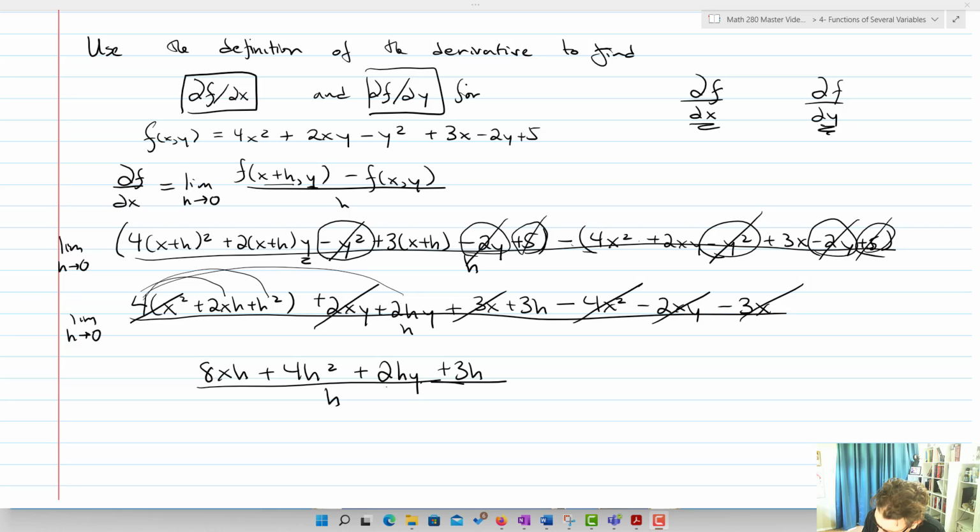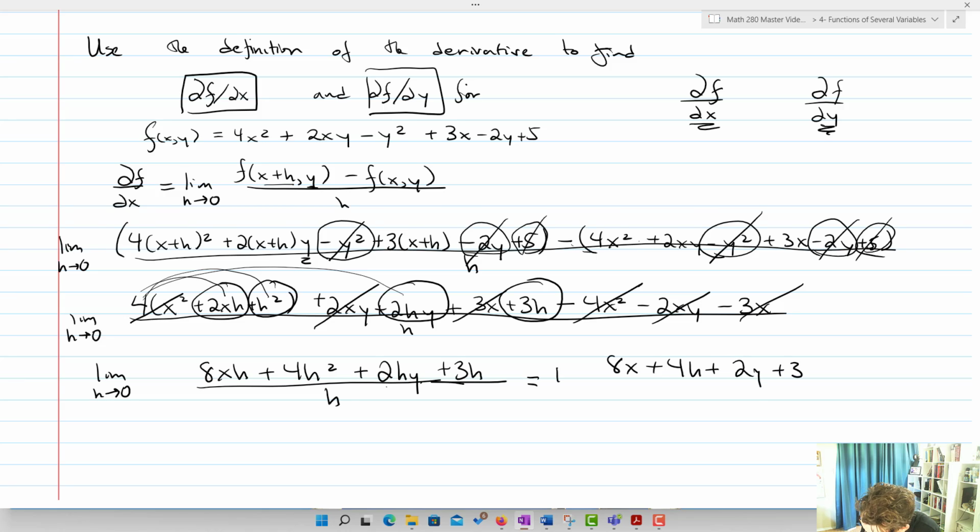Let's check and make sure, right? 8xh, 4h squared, 2hy, 3h, and nothing else, okay? We'll take the limit as h approaches 0. We're going to factor out our h's. We'll end up with 8x plus 4h plus 2y plus 3. And we'll take the limit as h approaches 0. And so that ends up giving me 8x plus 2y plus 3. And that is our partial derivative.